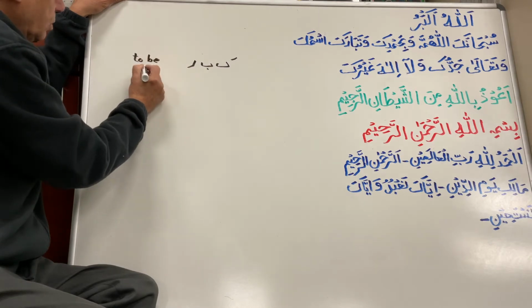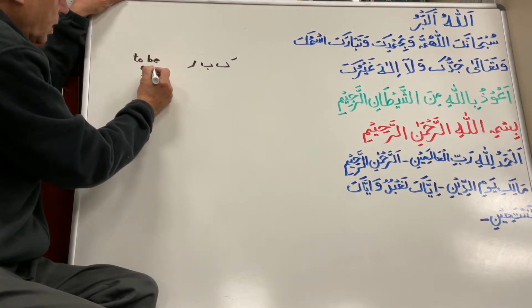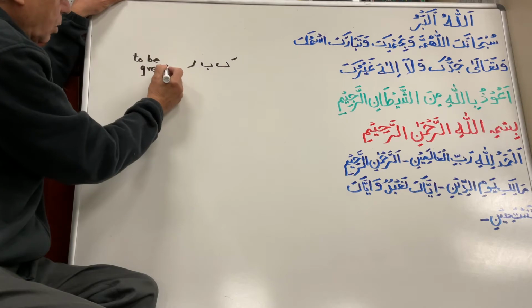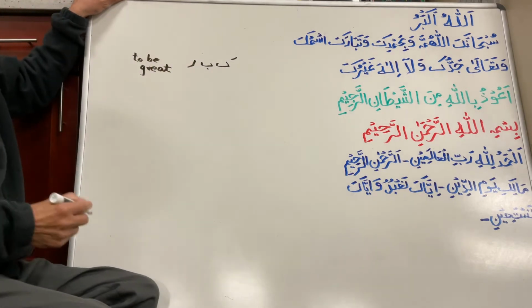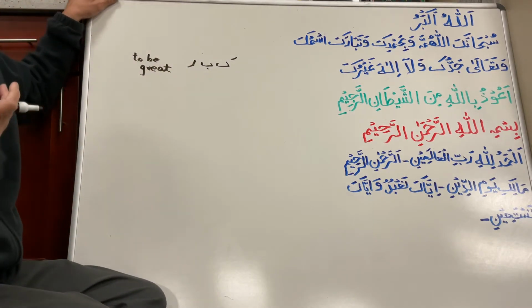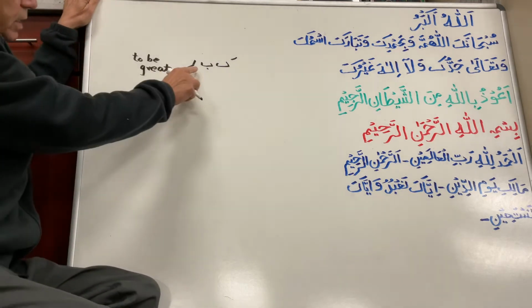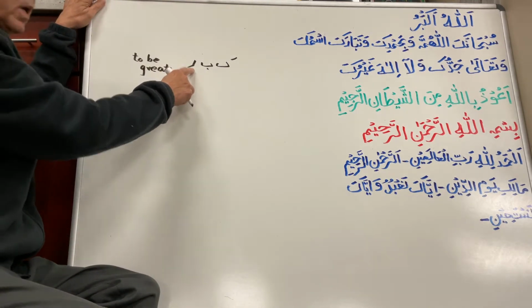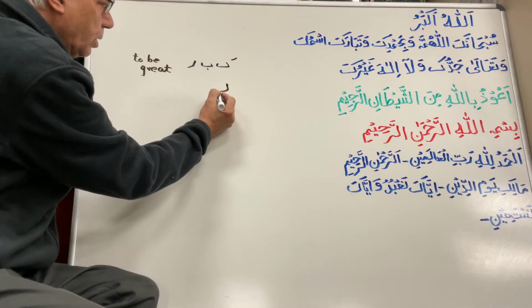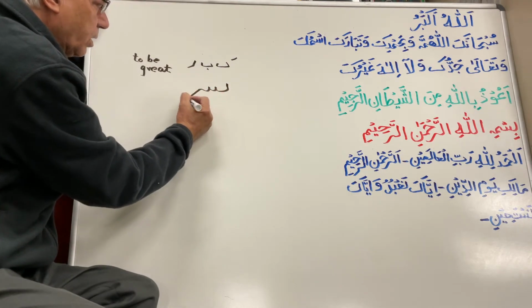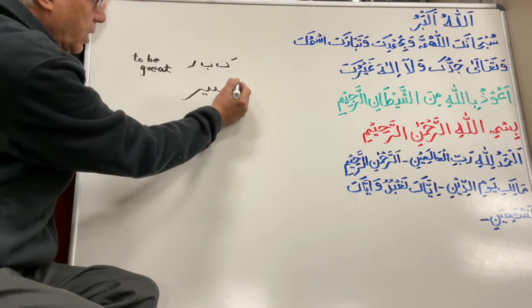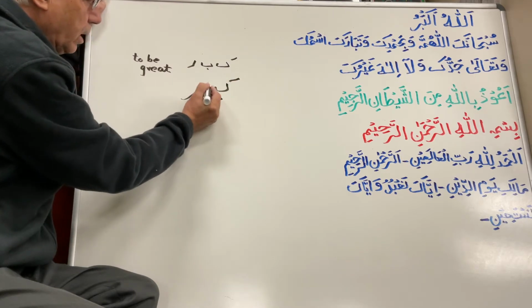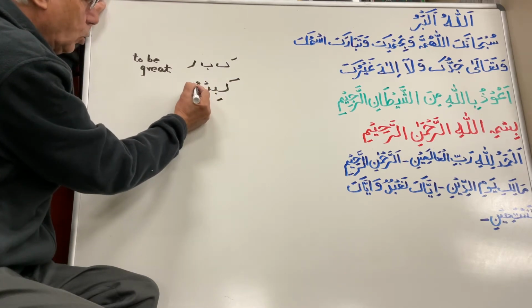First we make a noun with that, and the rule is that in many words the noun is made by putting a ya or ye in between the second and the third letter. So if I put a ya in there, it will be kabir, and it's pronounced kabirun.